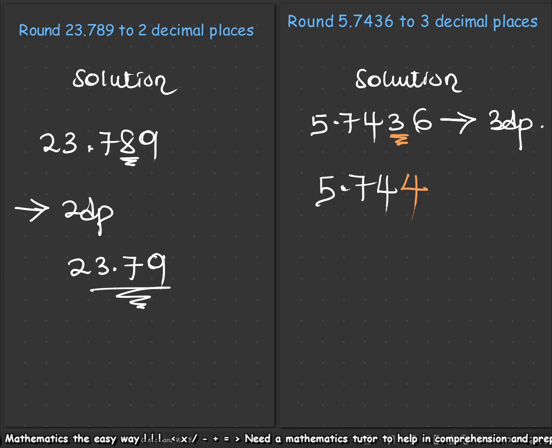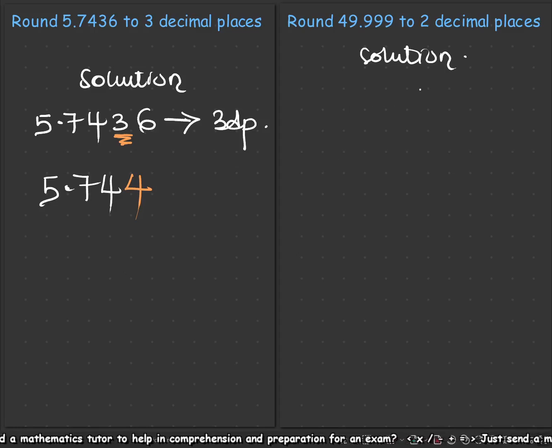Let's take one last question, after which I give some exercises for you to try. Now, for this next question we have to round 49.999 to 2 decimal places, or we are rounding it to the nearest 100th.